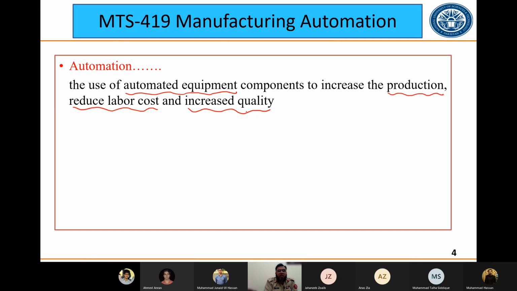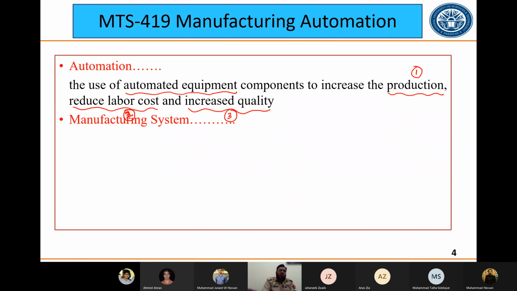So this is the use of equipment which will help us in achieving three aspects: the increase in production, reduction in labor cost, and increase in quality of the product.